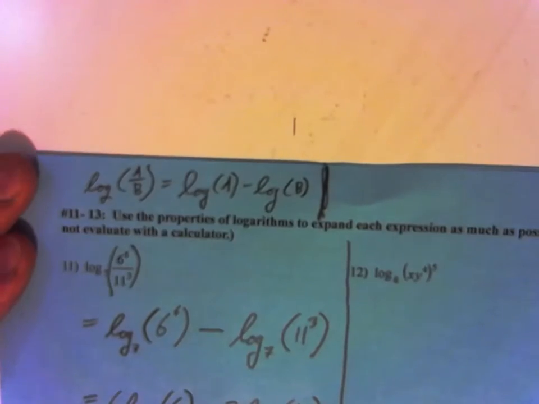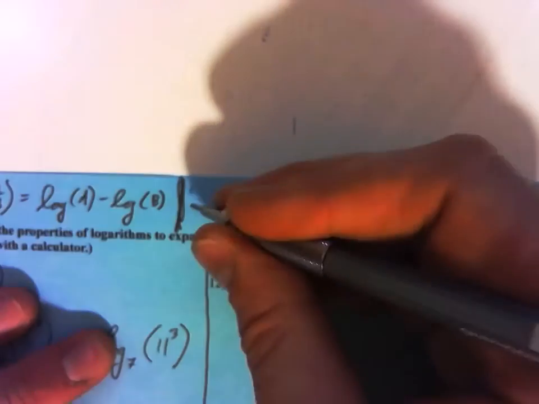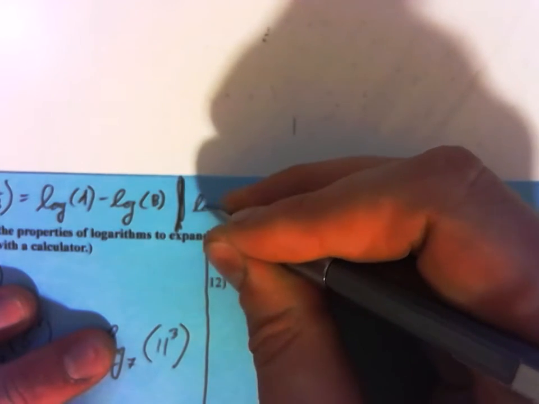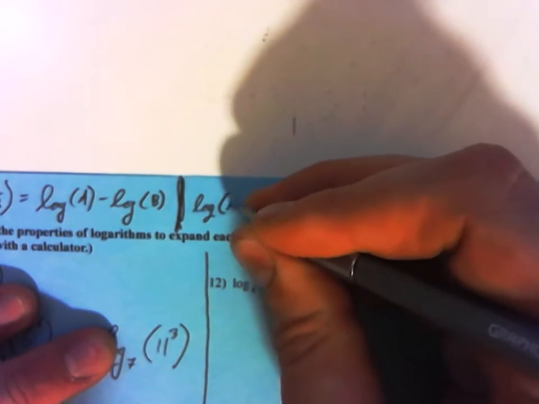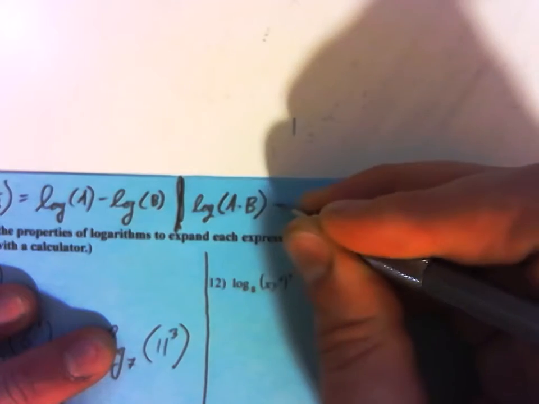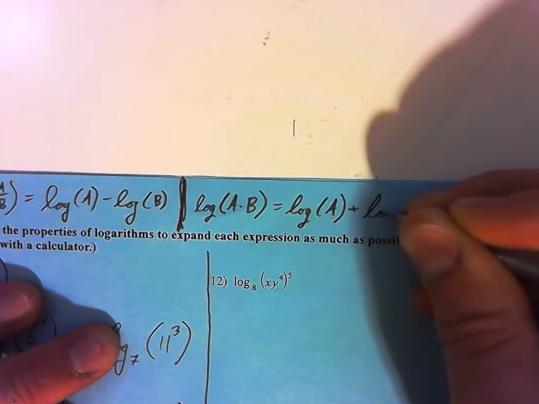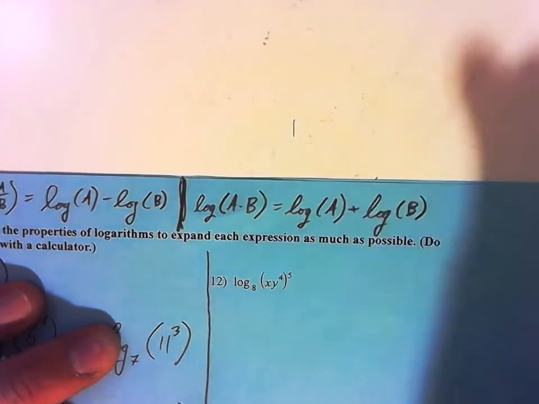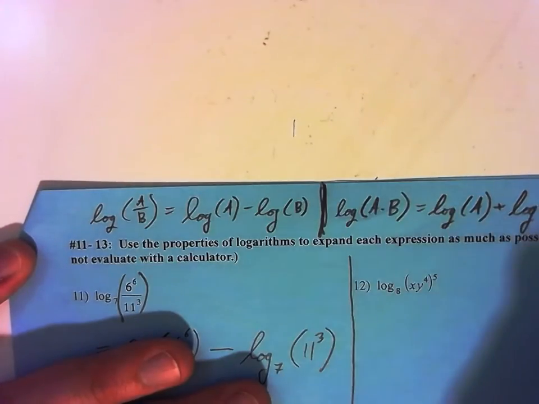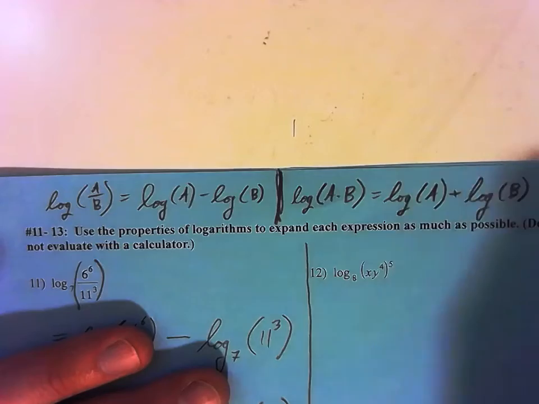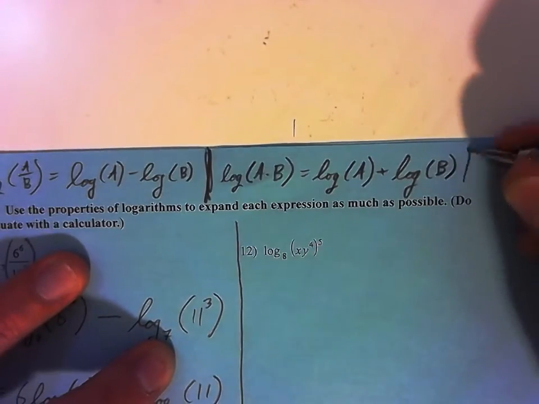That's called the quotient property. Second is like it, but instead of division, multiplication. Log of something times something equals log of the first one plus log of the second one. And whatever the base is for the logs has to stay the same the whole way through.